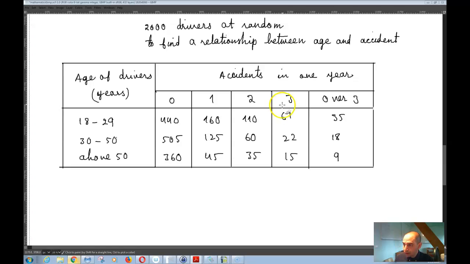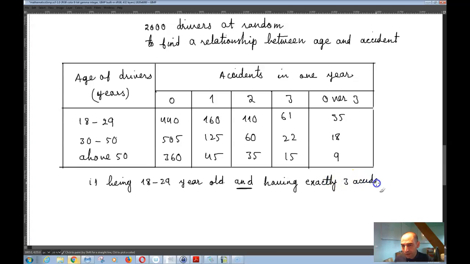Now, being 18 to 29 years of age, so you want to find the probabilities for a driver, number one, being 18 to 29 years old and having exactly 3 accidents in 1 year.